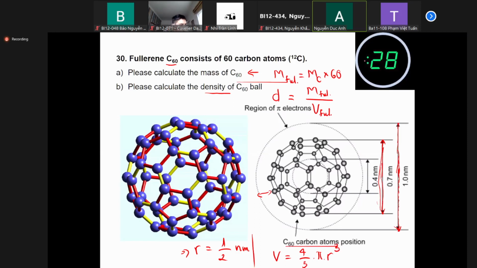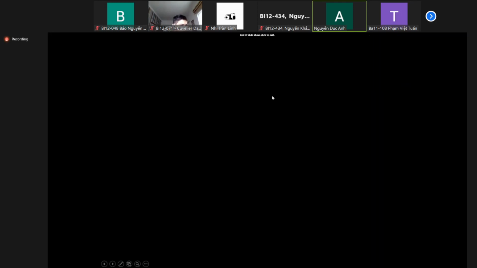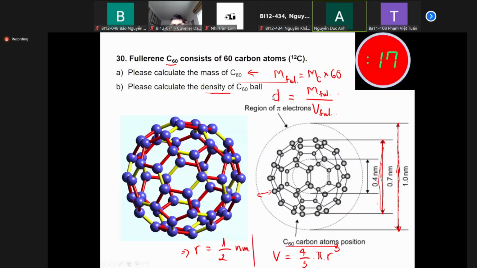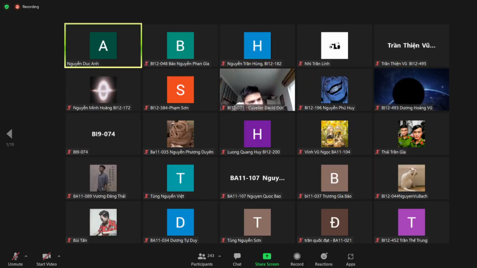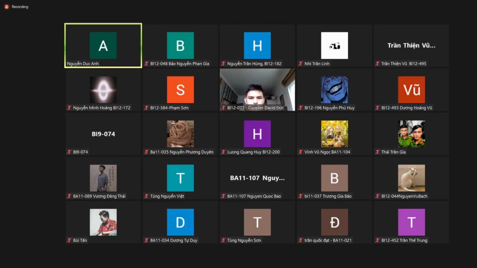So now you have a mass, you have a volume, and you can calculate the density. Very simple. So let's finish tutorial number 1, and now we'll move to the lecture today related to the electronic structures of atoms.